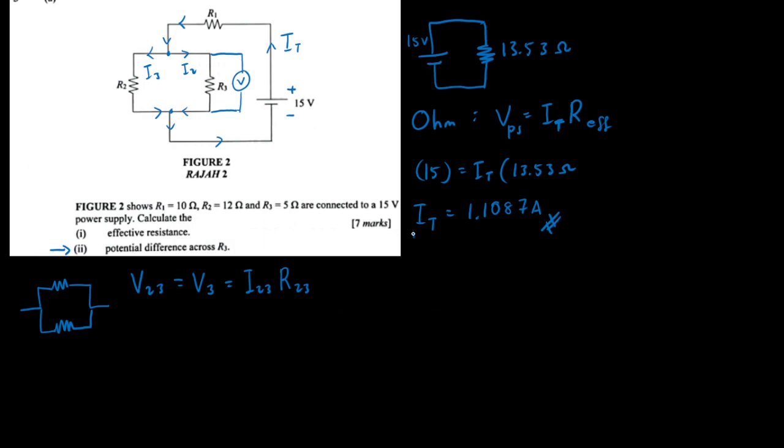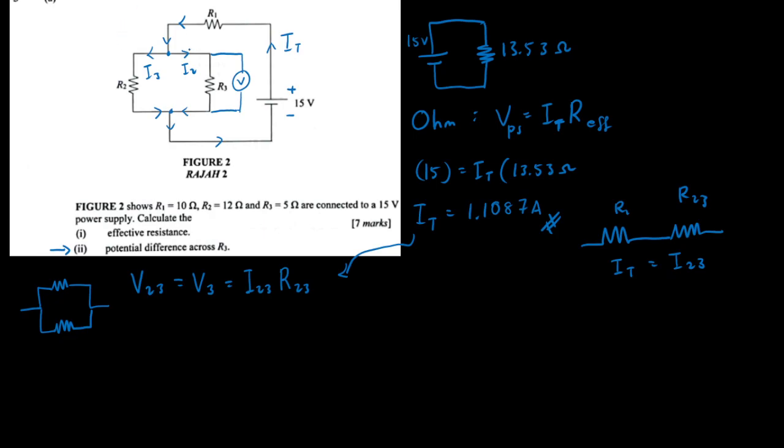Now, in this particular case, I want to emphasize that because R1 and R23 are in series, therefore my I total is going to be the same as my I23.